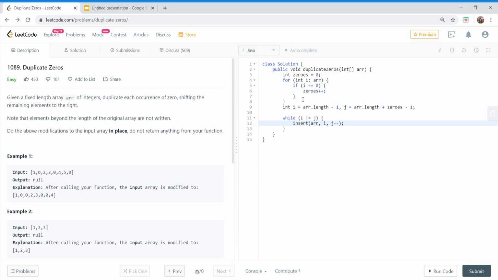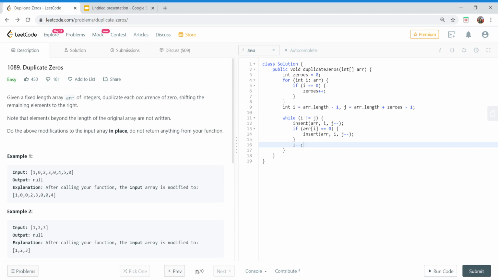So I am doing it in place, but you can write j minus minus in a separate line. And if the current element is 0, then we have to perform this operation once more. And at the end, we have to decrement i.